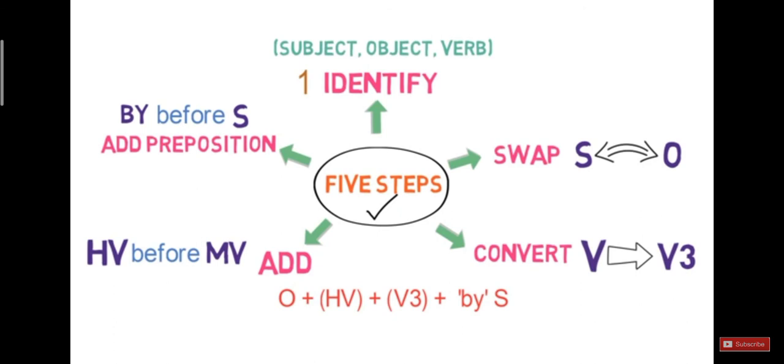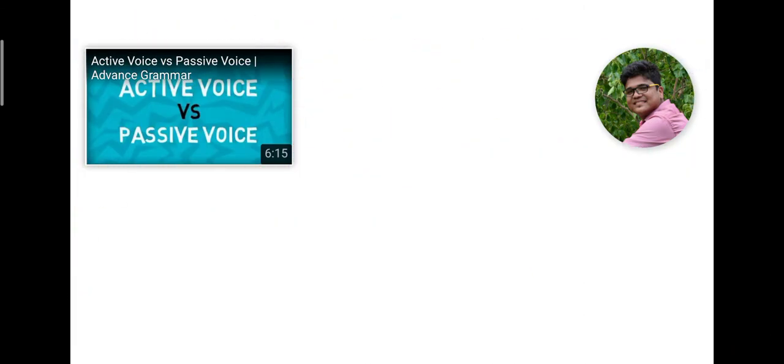First one is identify. Second one is swapping: subject into object's place, object into subject's place. Third one is conversion of main verb into verb's third form. Fourth one is adding helping verb before the main verb. And the fifth one, which is also very important, is adding of preposition by, else the sentence won't come out completely.